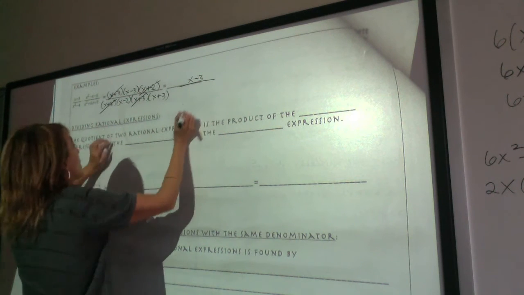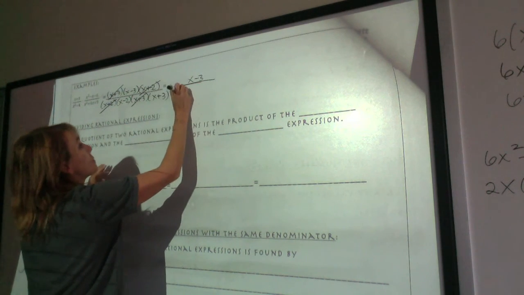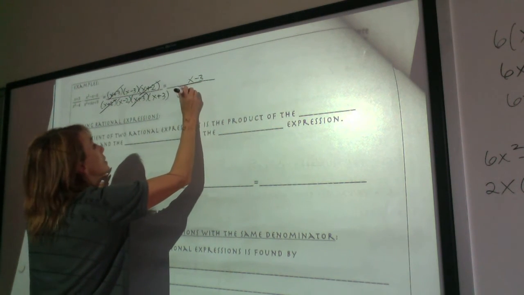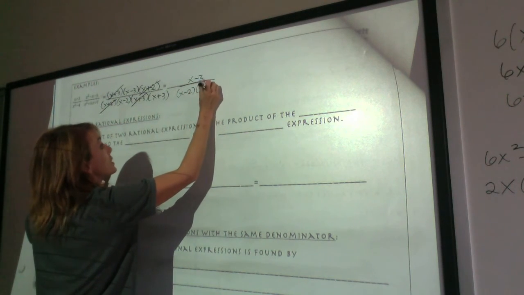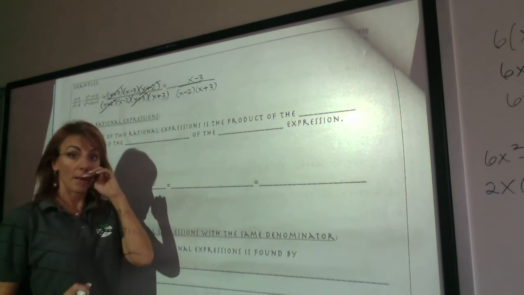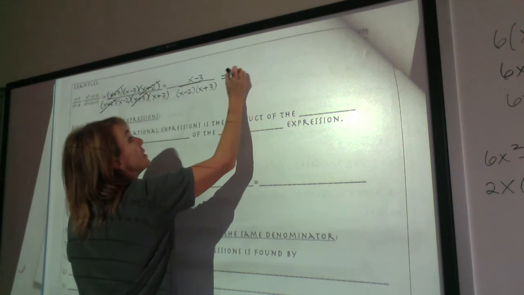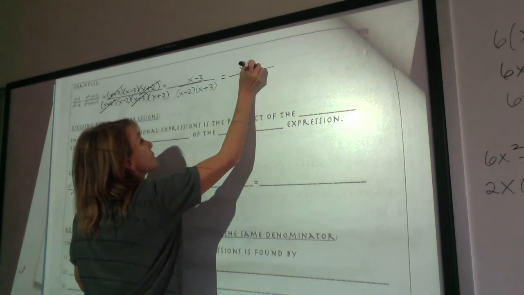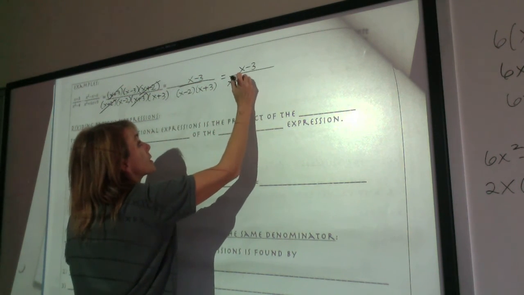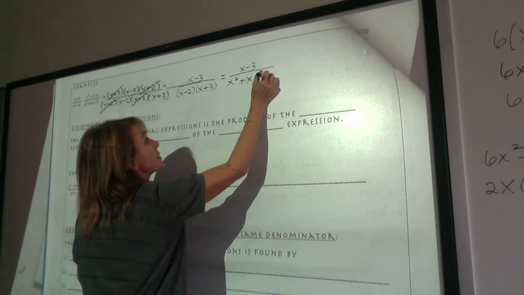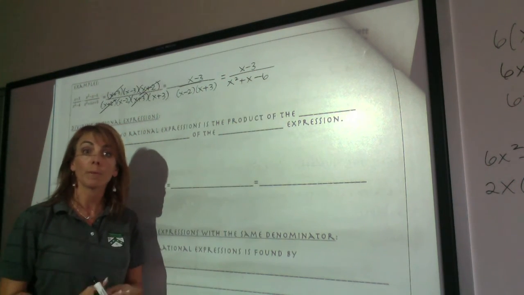And on the bottom, I'm left with x minus 2 times x plus 3. And I will need to go ahead and multiply that out for my final answer. And I end up with x minus 3 on the top and x squared plus x minus 6 on the bottom. And that would be my final result.